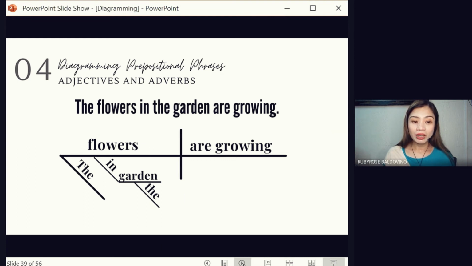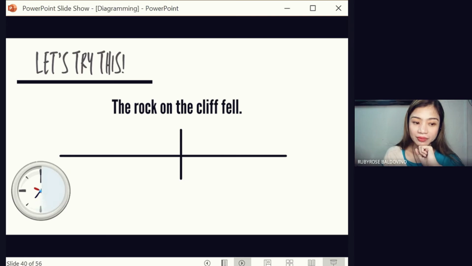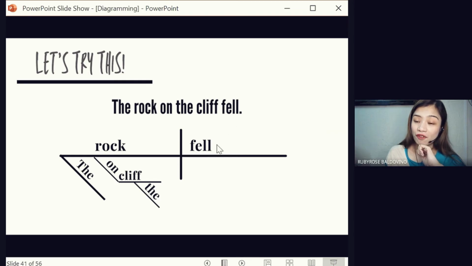Okay? Let's try this. The rock on the cliff fell. So again, identify the subject and the verb first. Our subject is rock and our verb is fell. Now, let's place the article under the subject using a slanted line. And then we have the prepositional phrase on the cliff. So on the cliff describes what?